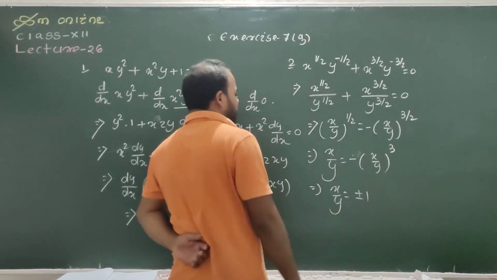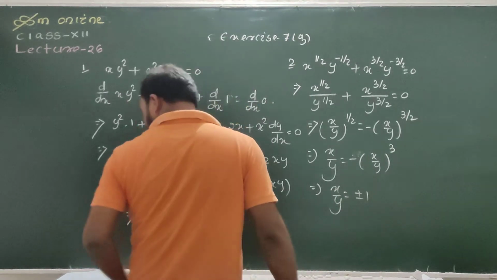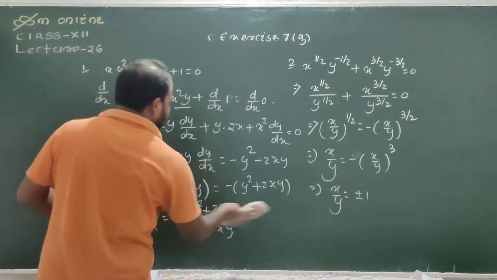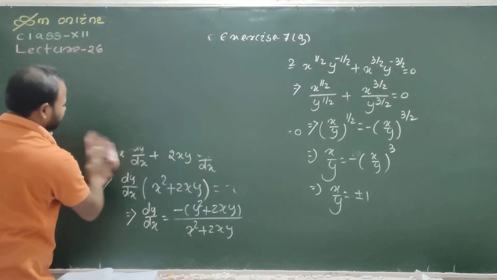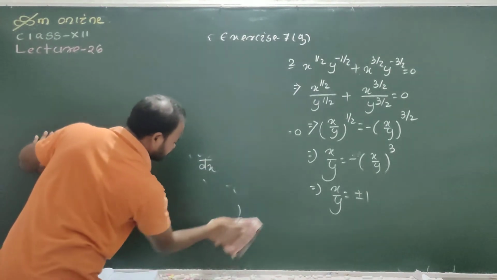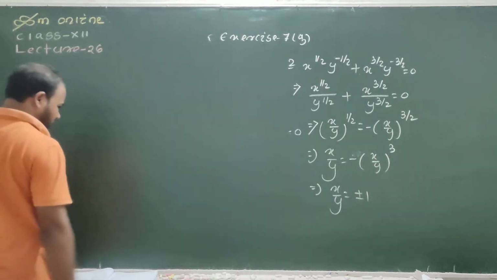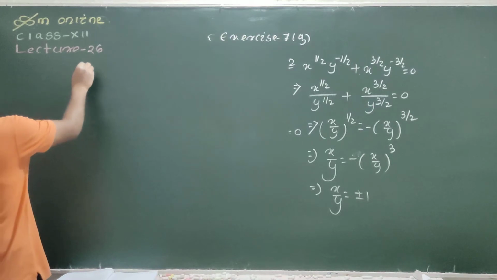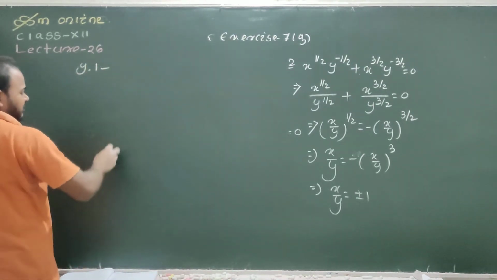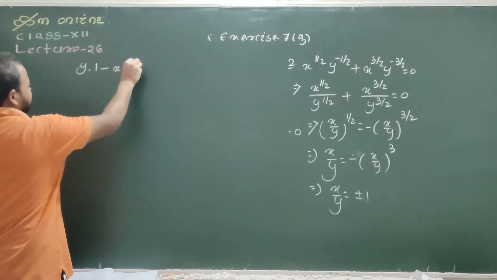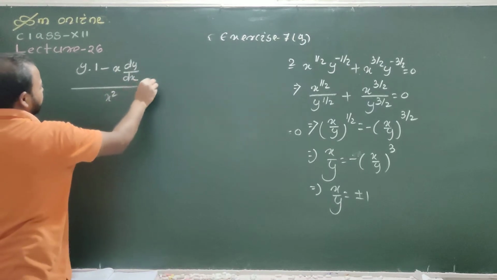So finally we get x by y equal to plus minus 1. Now taking derivative on both sides, you get y into derivative of x, this is 1, minus x into dy by dx, upon x square, equal to 0.